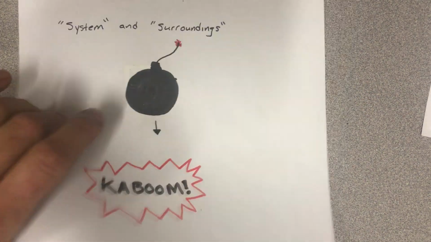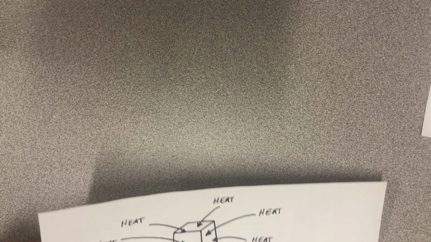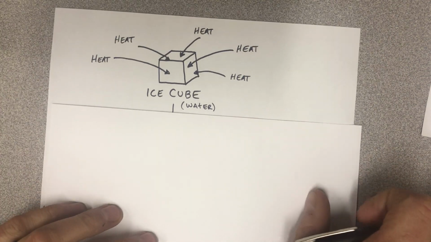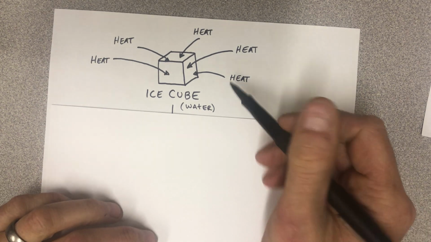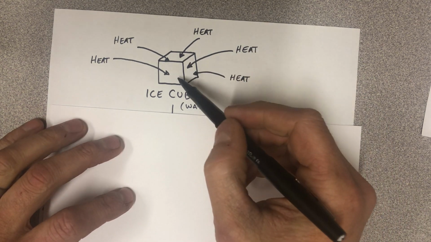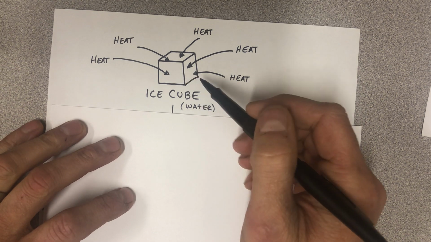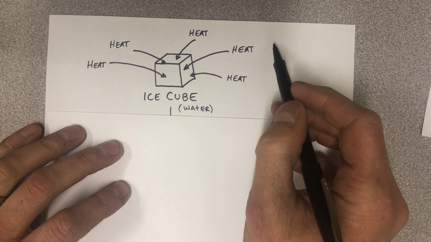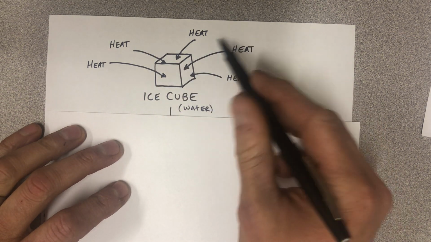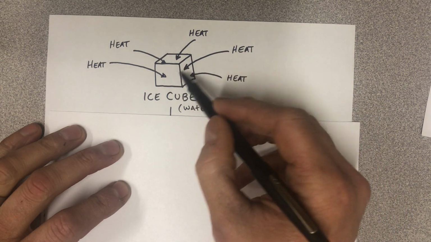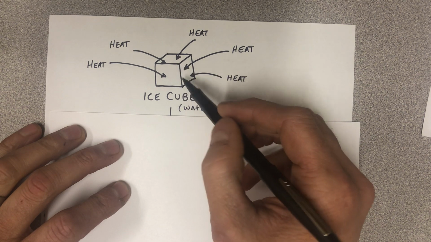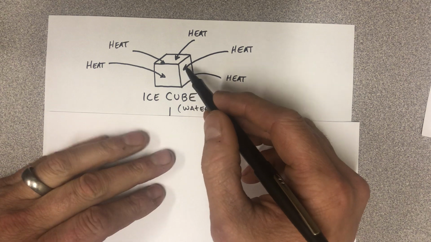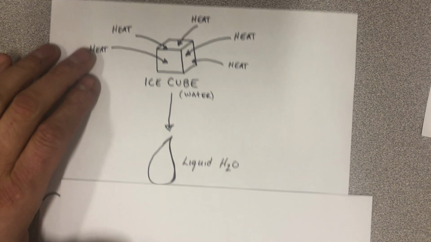So another example of that in the opposite direction is something like this. Like if we have an ice cube, and you've all seen ice melt, I take it. If we have an ice cube made of water and we leave this out on the tabletop or something like that, and we allow heat from the outside environment, which we would call the surroundings, to enter into the ice cube, which we're calling the system, then heat is coming into the system from the surroundings, and what happens to the ice?